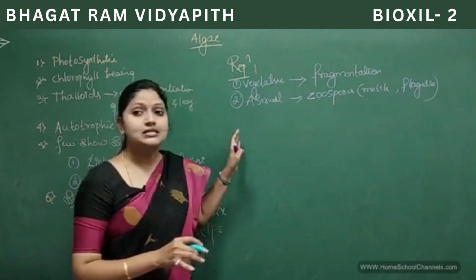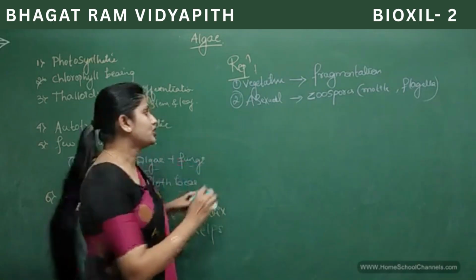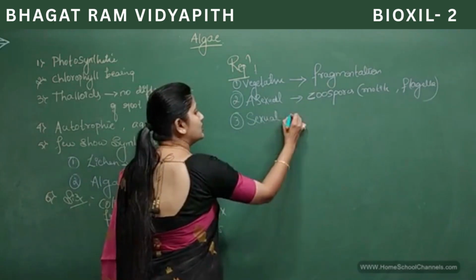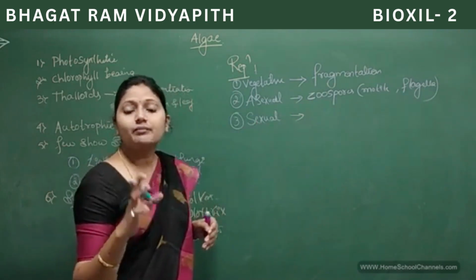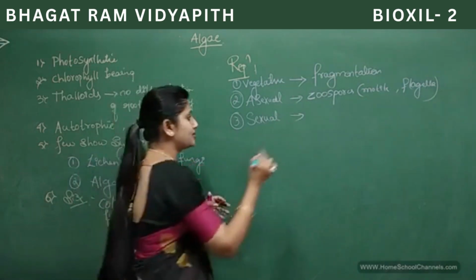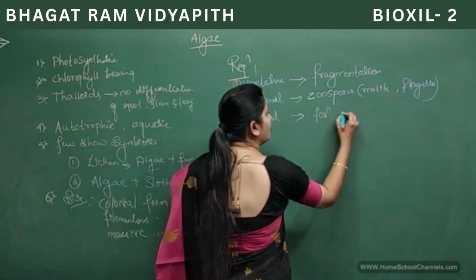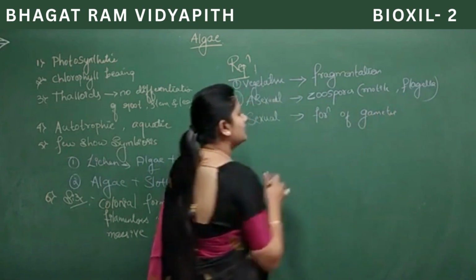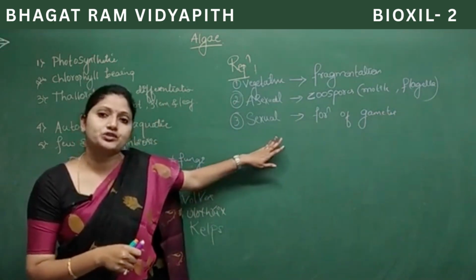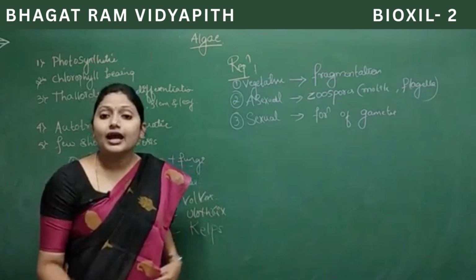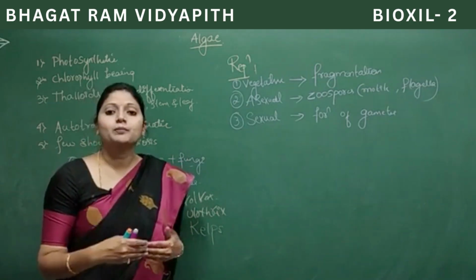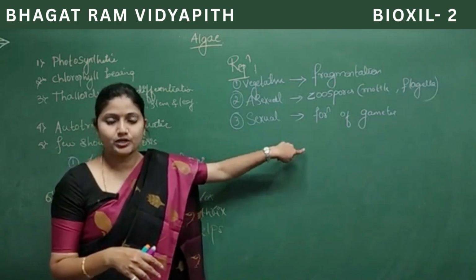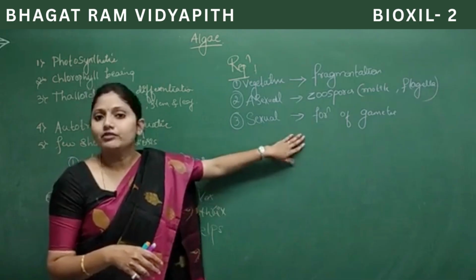Then moving on to sexual reproduction. The sexual mode of reproduction is mainly by the formation of gametes. There are different types of sexual reproduction based on how the gametes look or how they are formed. We know there should be two gametes for sexual reproduction, one a male gamete and another a female gamete.